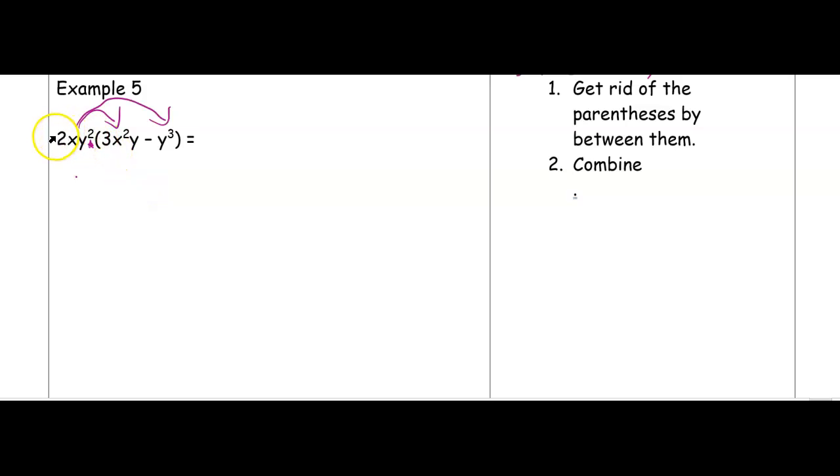So first arrow is 2xy squared times 3x squared y, right? Yeah. That's 3x squared y. So here we have two variables, so we're gonna do them one by one.